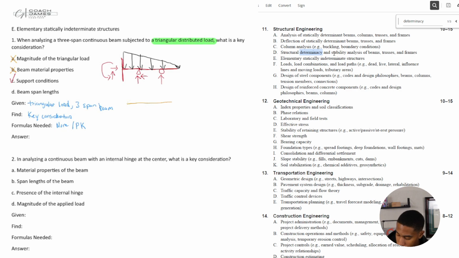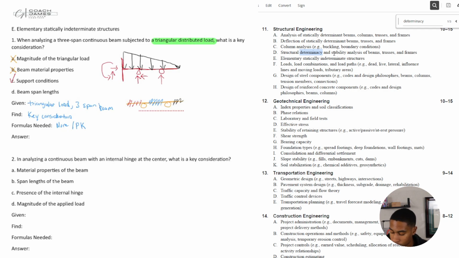But you can also have supports where it could still be a 3-span, right? But you have all rollers, right? And no fixed support, all right? But that's still 3 spans, right? 1 span, 2 spans, and then you got your 3rd span, right?